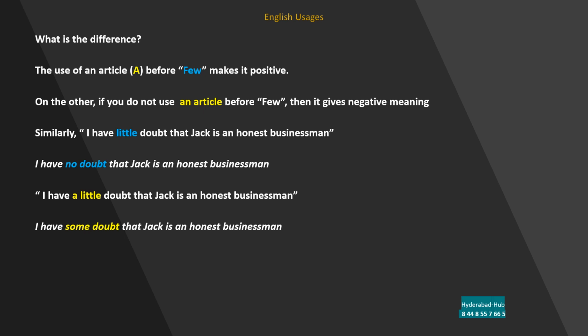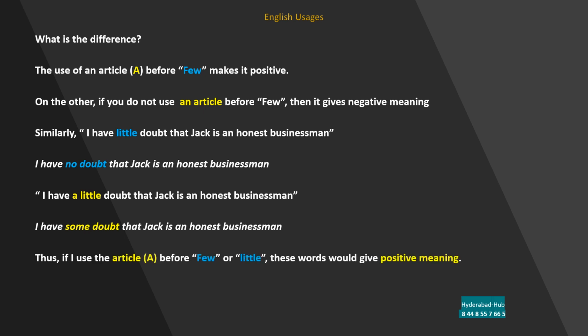Thus, if I use the article a before few or little, then these words would give positive meaning. If I don't use the article a, then few or little would mean no. This is called English usage.